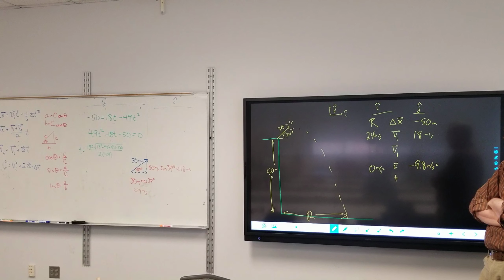Our discriminant will be positive because I'm subtracting a negative number. So I know we're not going to get an imaginary answer.